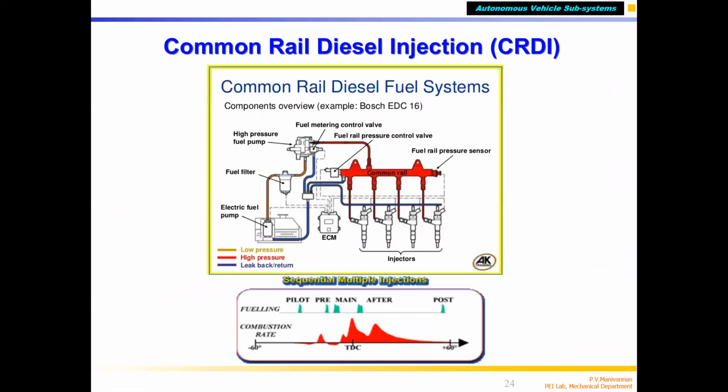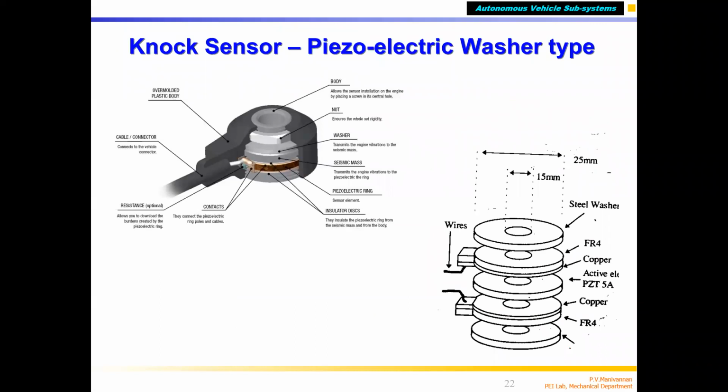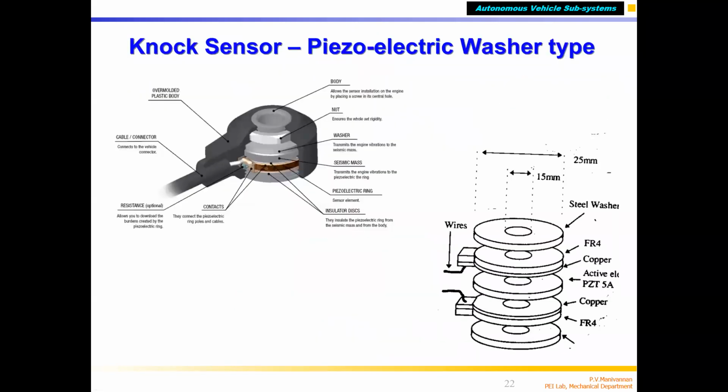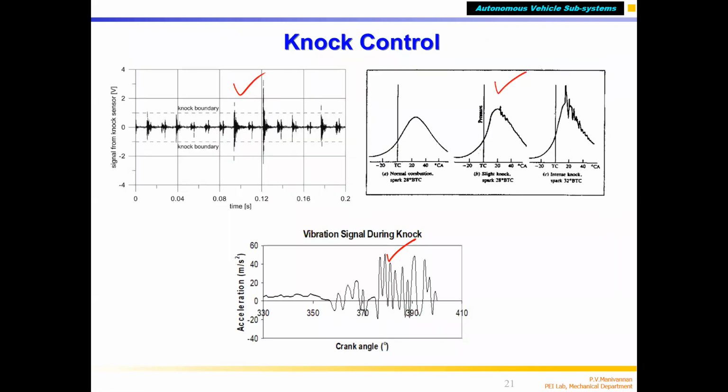But of course, you need a knock sensor. You can use any one of the knock sensors we talked about: microphone, in-cylinder pressure, or the vibration signal coming from a piezoelectric washer type sensor. So this gives this kind of signal.